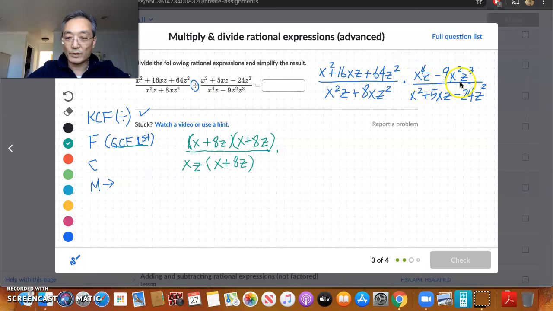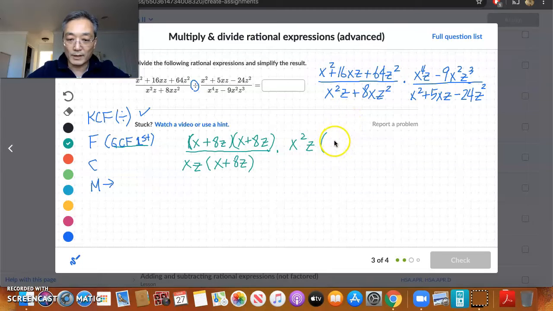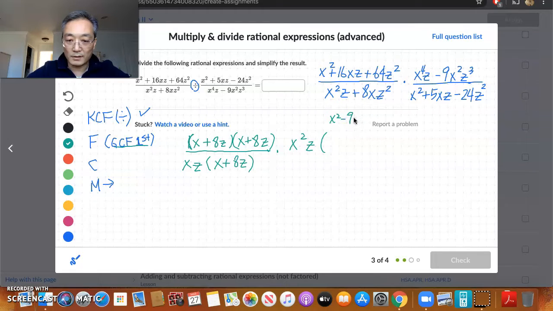And again here, it looks like we have an x squared, and we also have a z. And that's going to leave us with x squared minus 9z squared. I wrote it up top here because I just wanted you to see that this is also a difference of two perfect squares, correct?